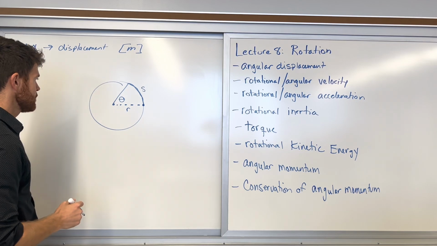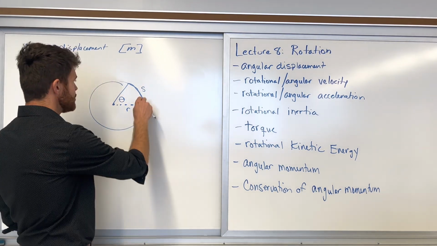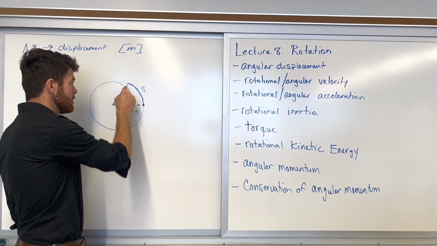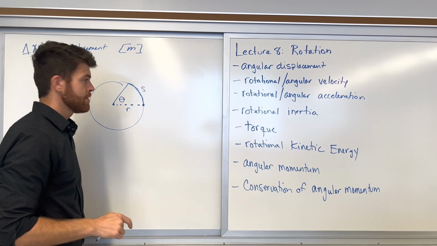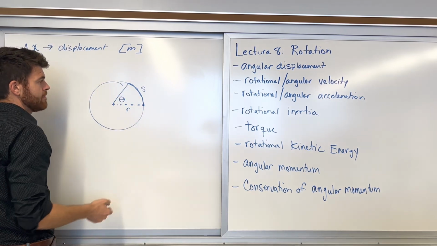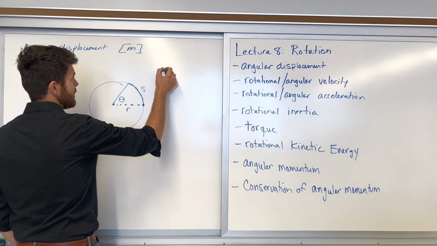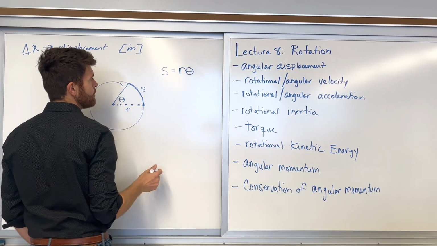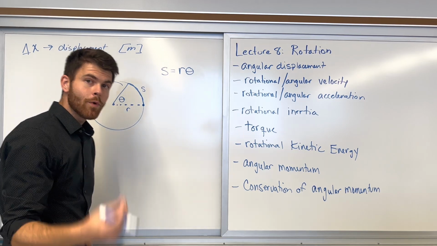So S is the arc length traced out by the edge of that disk as it rotates through this angle theta. So now there's a mathematical relationship between this arc length S, theta, the angle that traces out that arc length, and r, the radius of this arc. And that relationship is S equals r theta if theta is measured in units of radians.